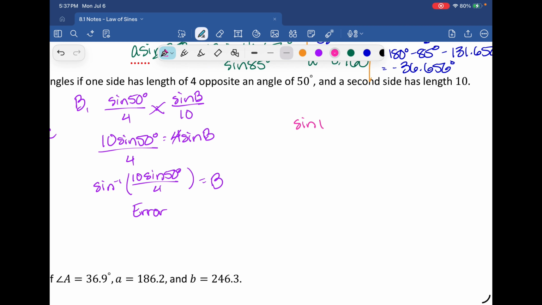When you're dealing with a sine ratio, sine theta equals opposite over hypotenuse. Your hypotenuse has to be the biggest side.